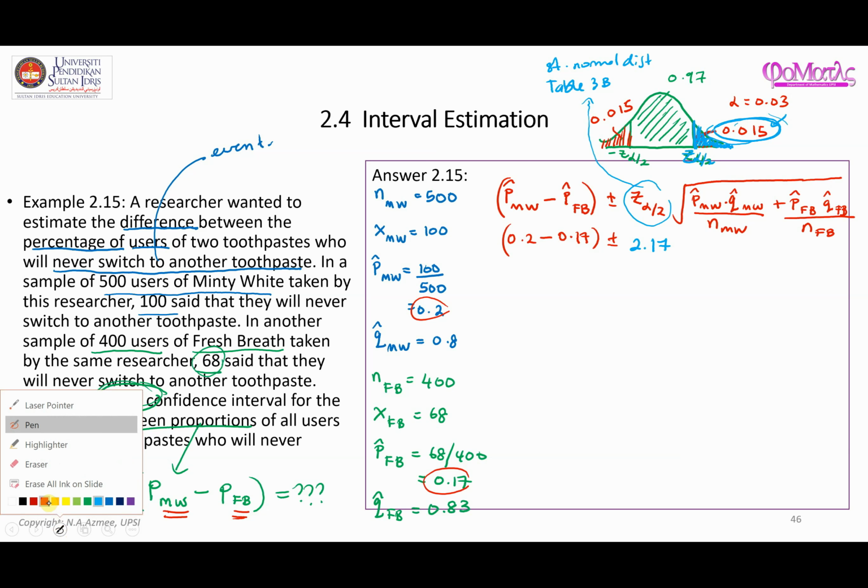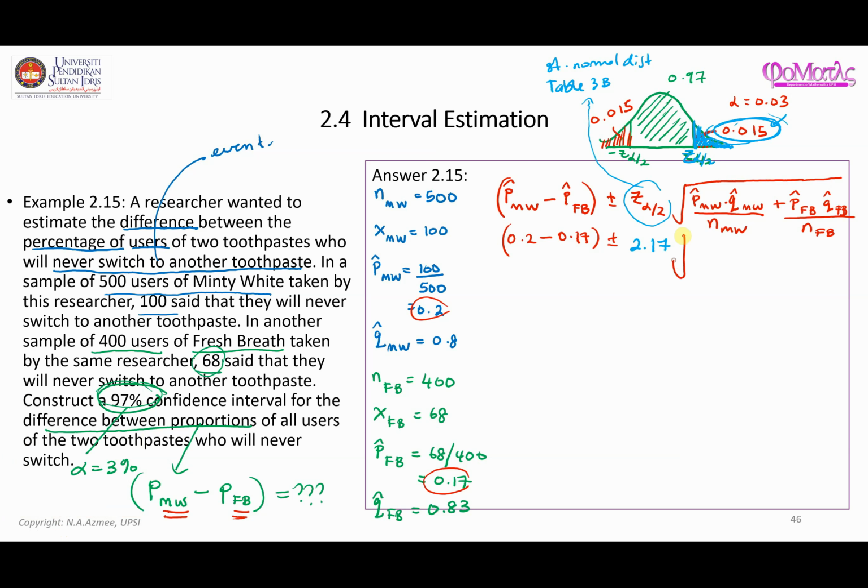All right, next we're just going to plug in the other values here, which is 0.2 times 0.8 over 500. This one is 0.17 times 0.83 over 400.